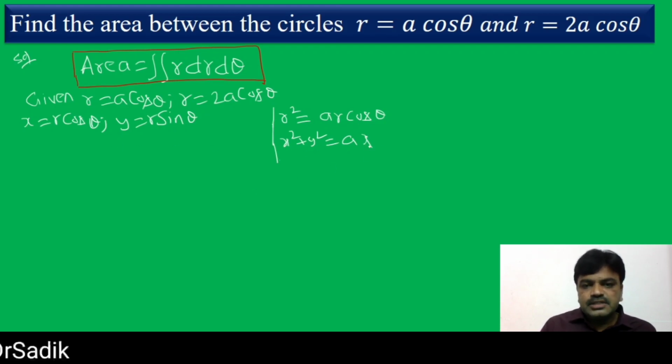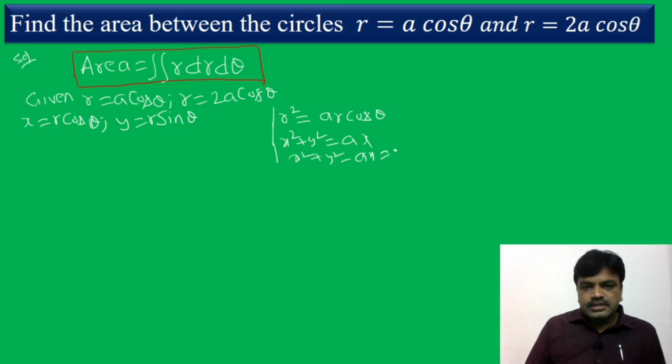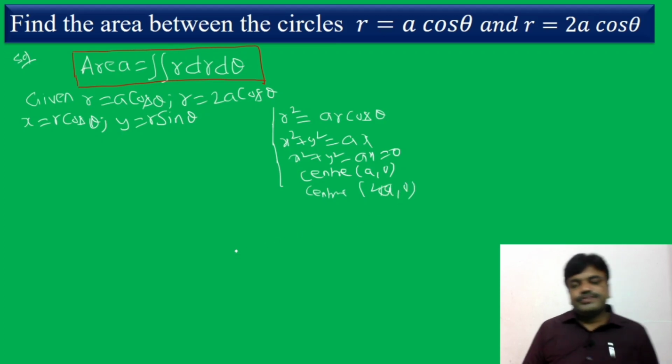Clearly it represents a circle, x square plus y square minus a x equals 0. What is the center here? Clearly the center is a comma 0. Similarly, for r equals 2a cos theta, what is the center of the second circle? The center is 2a comma 0.